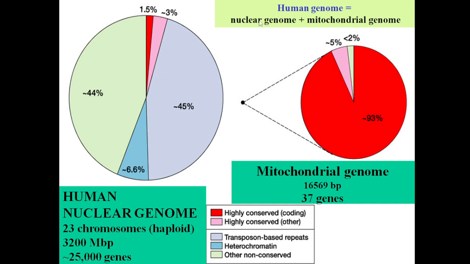And now you can see elements of the human genome. Only some percent of the genome codes proteins, functional units, but mainly it is transposon-based or heterochromatin or other non-conservative sequences.